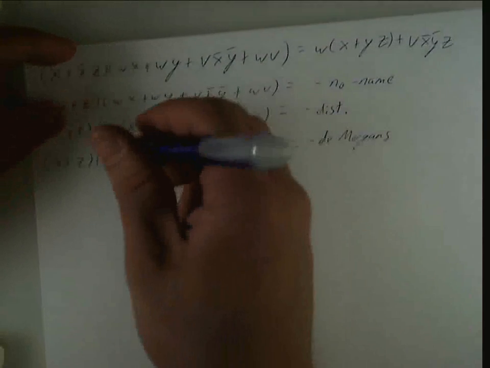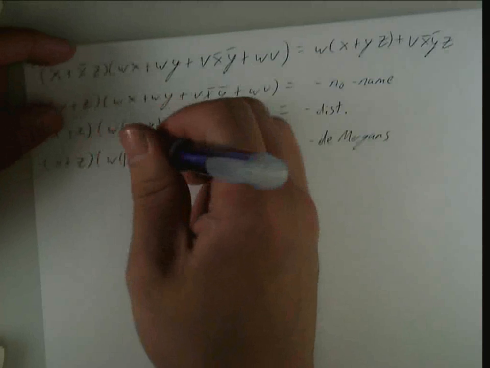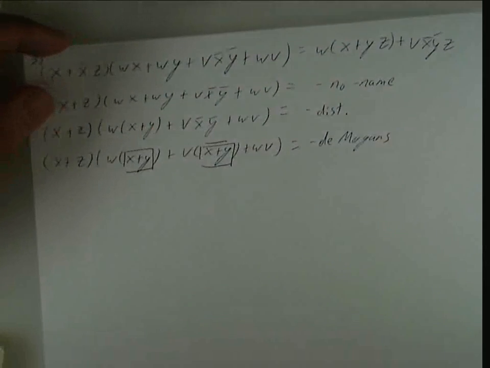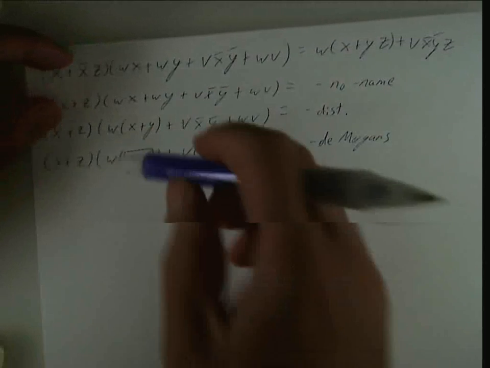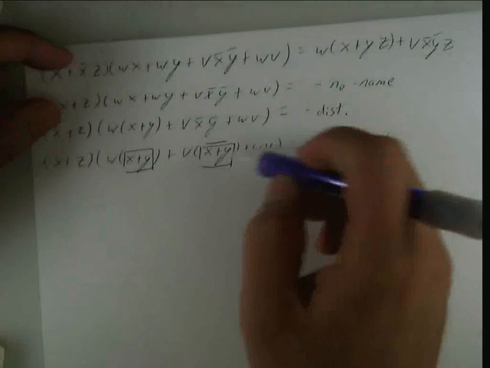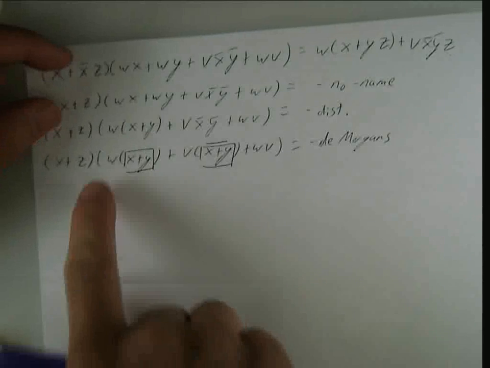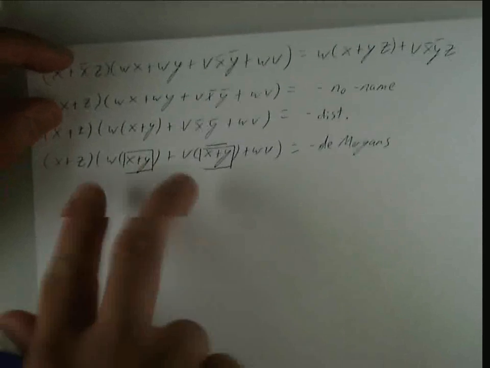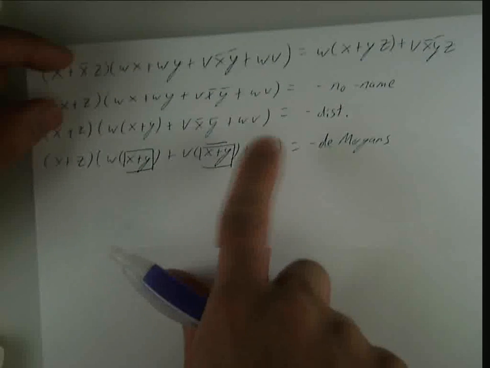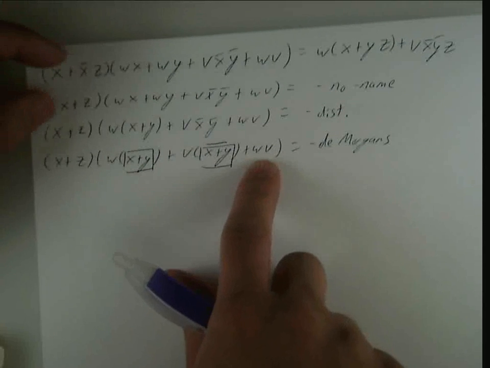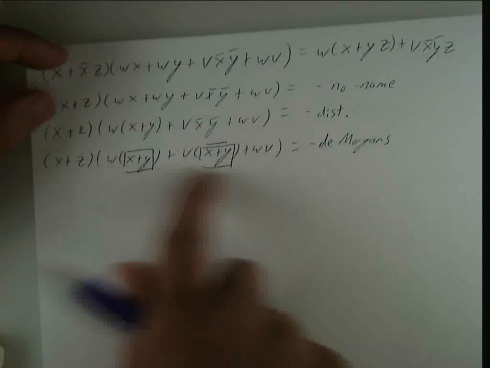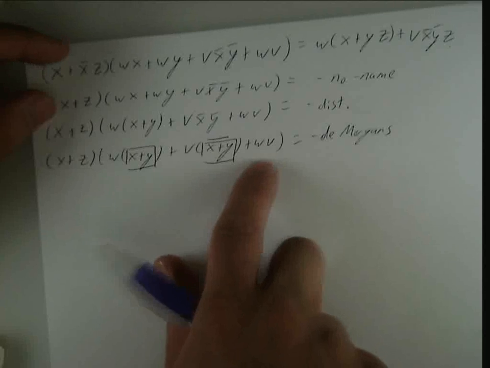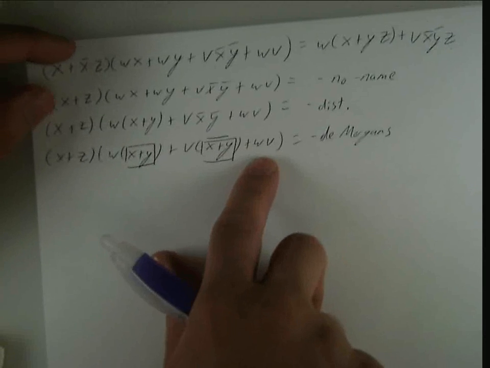And what we have here is box and box complement. So that is basically box w, box complement v, and we've got this wv over here, so that's just consensus. Because I have a variable and its complement multiplied by two other variables, and those variables are part of another product term.